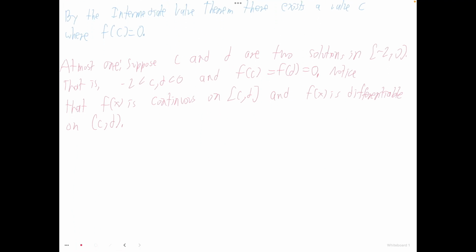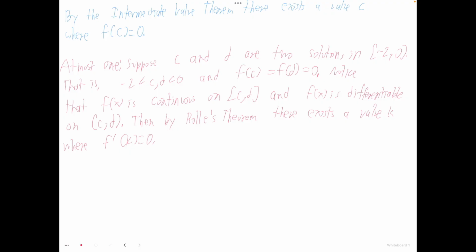We're continuous on the closed interval C to D, differentiable on the open interval C to D, and f of c equals f of d. They're both 0. And so then by Rolle's theorem, there exists a value k where f prime of k equals 0.